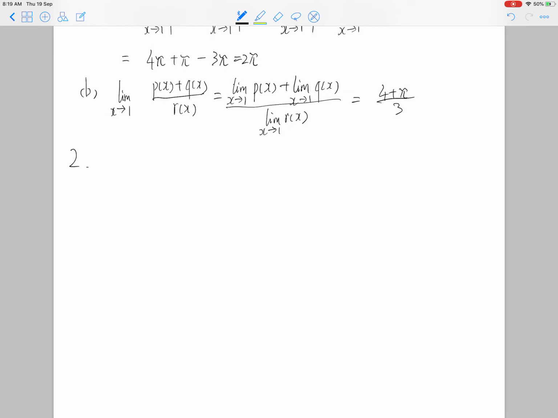Problem 2. For example, find the limit as x is approaching half pi of cosine x. Now cosine x is a continuous function, so at any point, the limit at that point is cosine of that point. Because cosine is continuous, you can just sub in.